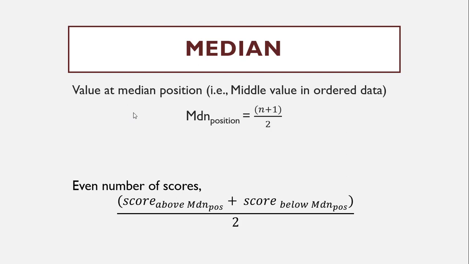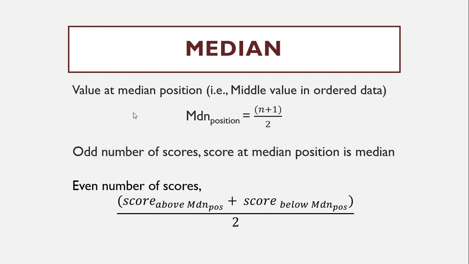Basically, we're getting the average of those two scores. So if it was 20.5, the 20th score and the 21st score would be the two scores that we're interested in. So when we put the heights in order, the height of the 20th tallest person and the 21st tallest person would be the ones of interest. We'd add those two heights together, divide by 2.